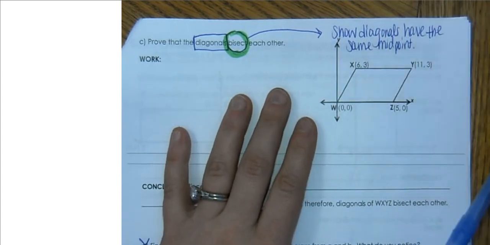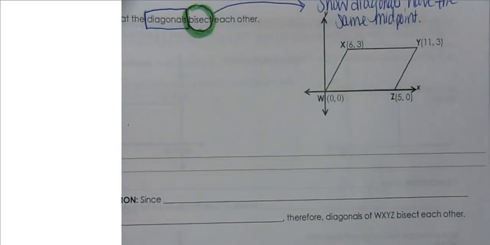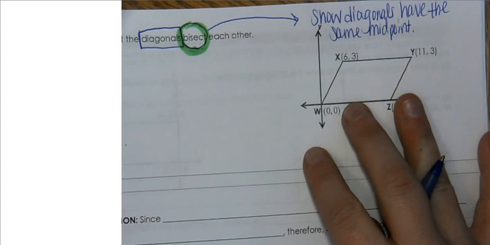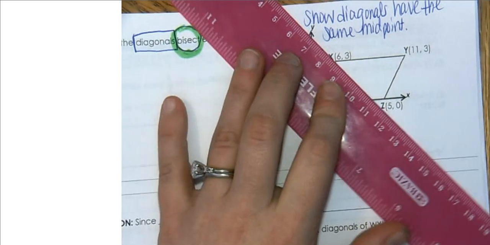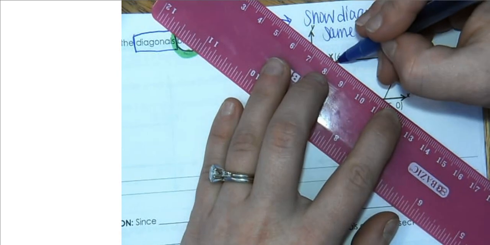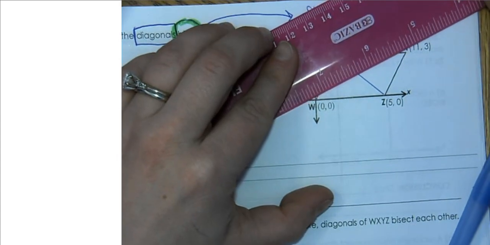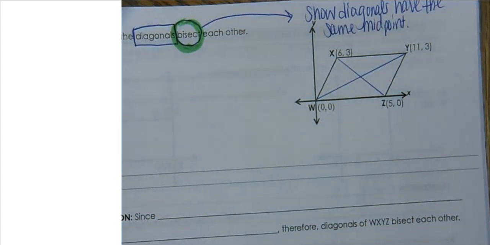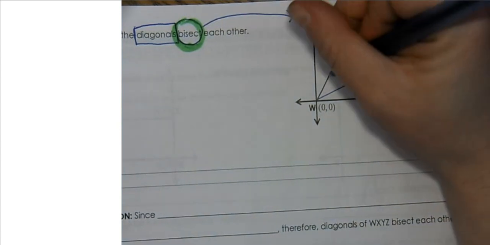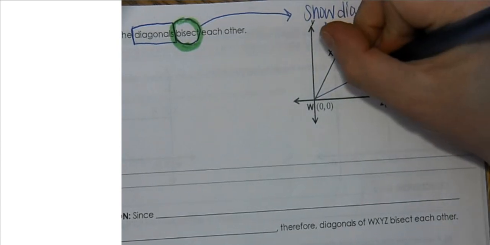So if you have a straight edge with you, you might want to use that straight edge to draw in the diagonals because the diagonals are not visible here. And for my people who are visual learners, you're going to want to draw those diagonals in. And if these diagonals bisect each other, that would indicate that these two segments would be congruent to each other, and this point would be the midpoint.